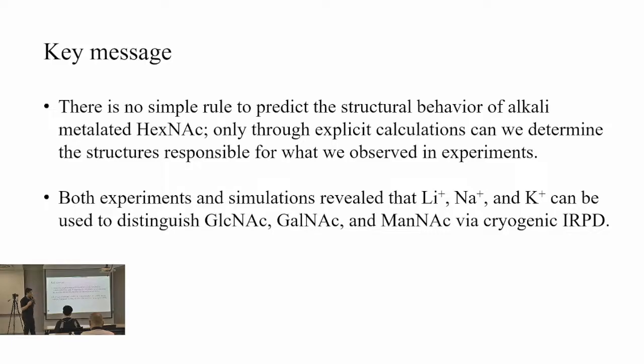At least we predicted that they can be differentiated via cryogenic IRPD. So there's more to this, but we don't have a lot of time to discuss it. But I think this is the important message that we want to put across with this project. So hopefully it gets published soon. Right. So I'll be open for your questions.